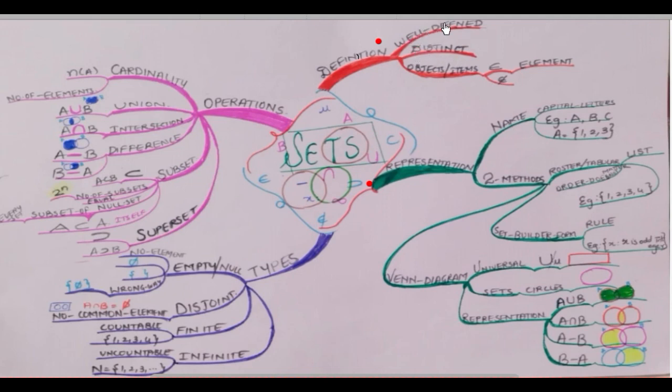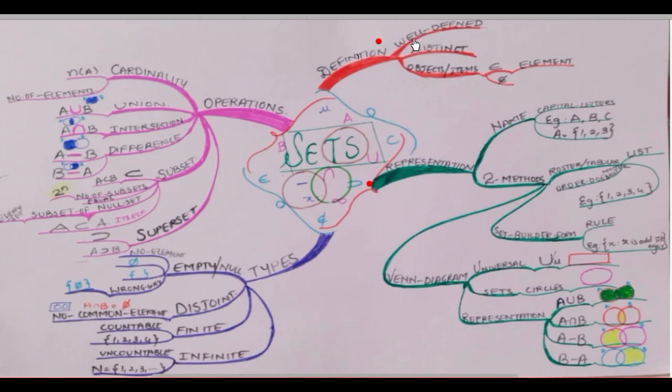So, what do you mean by well defined? If you look at the set here, A equals 1, 2, 3. The items or objects that are there in the set are called elements. If you speak about an element, either it belongs to the set or it does not belong to the set. There will not be any confusion.